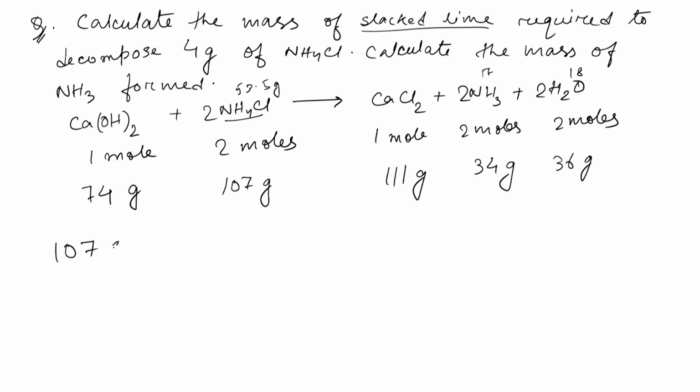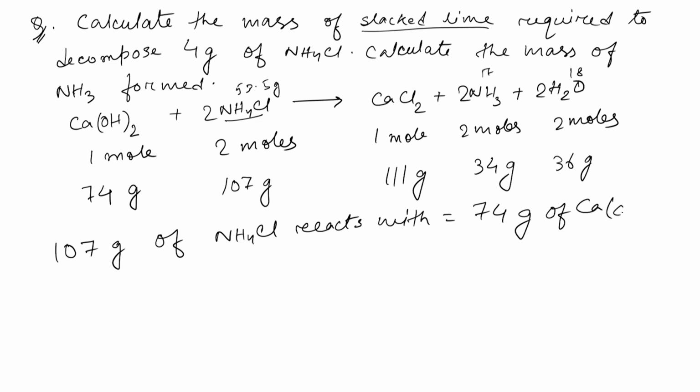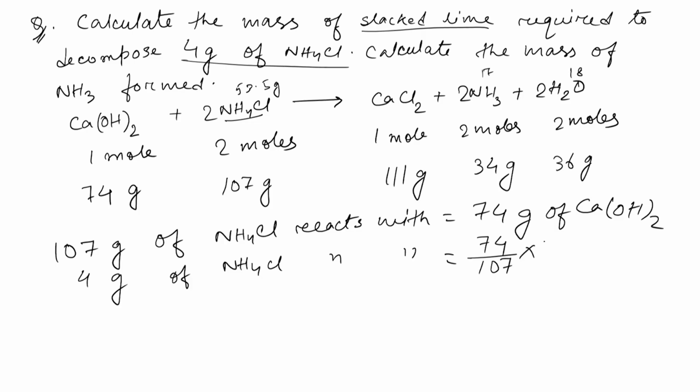So, 107 grams of ammonium chloride reacts with 74 grams of calcium hydroxide. So, 4 grams of ammonium chloride will react with 74 by 107 into 4 grams of calcium hydroxide.